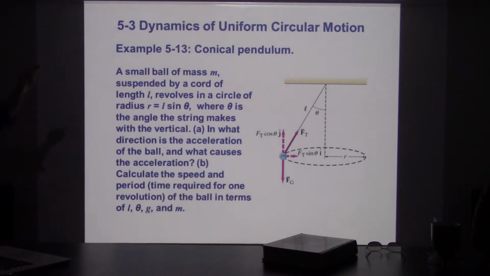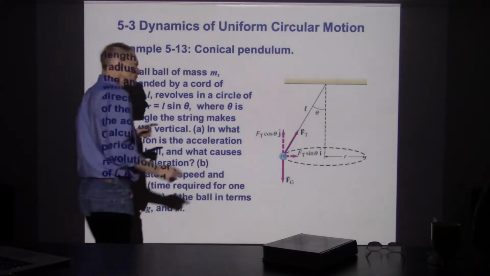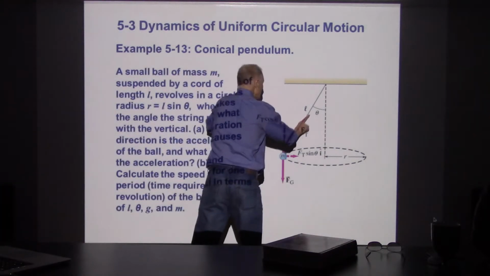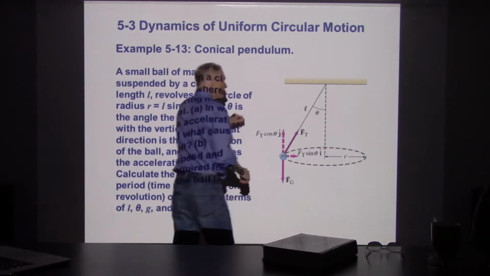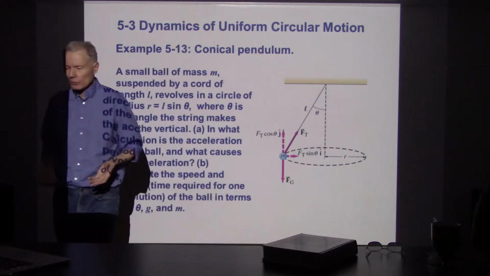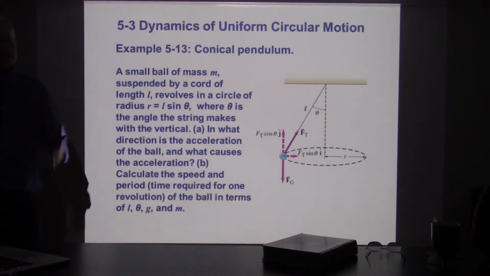So that string that's tied at that one point at the top, it's going to form a cone shape by the time it swings around. So what that says is this. It says that the tension I have is along the string. If I have a flexible object like a string, the tension has got to be along the string. If I have a sideways force on a string, the string is floppy. The string will go in whatever direction the force is in.